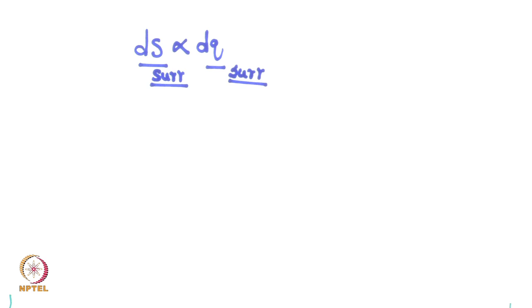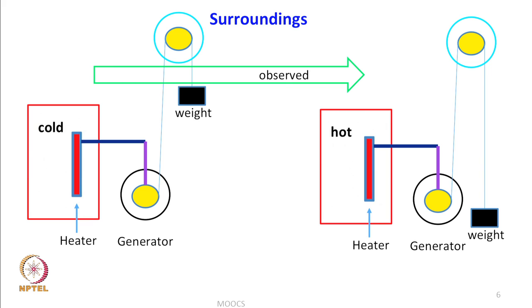Let us take a look at the figure. When the weight is falling, the potential energy is converted here by the means shown in the figure to the heat, and there is a generation of more disorder.